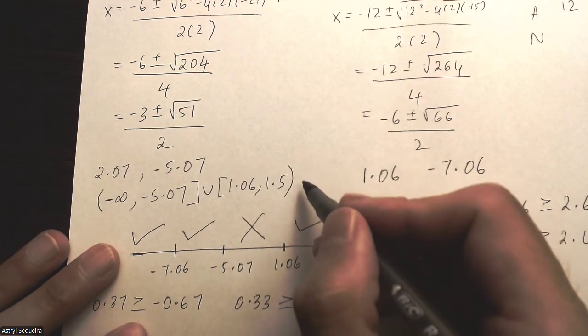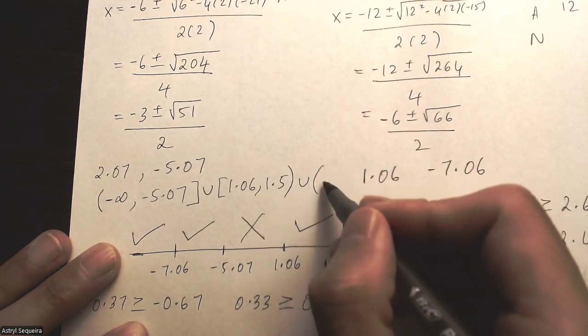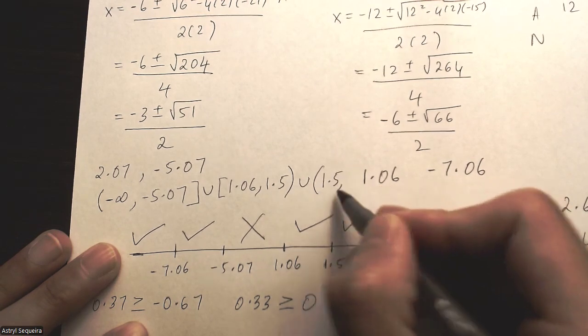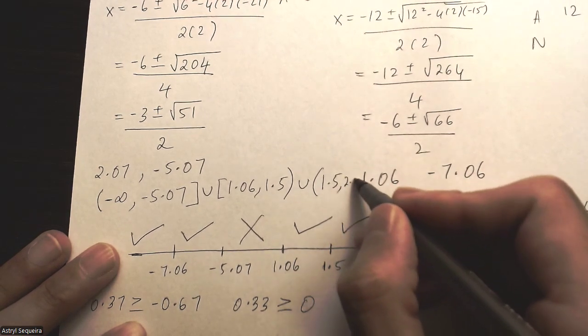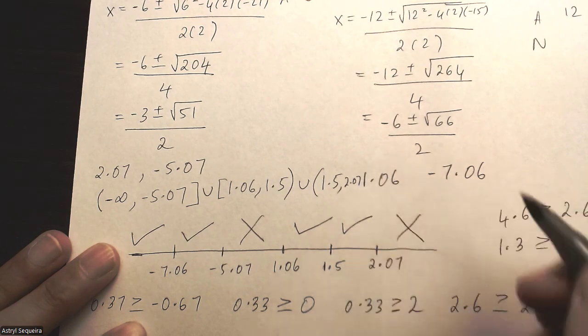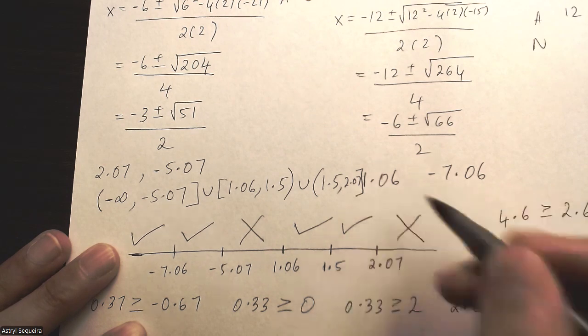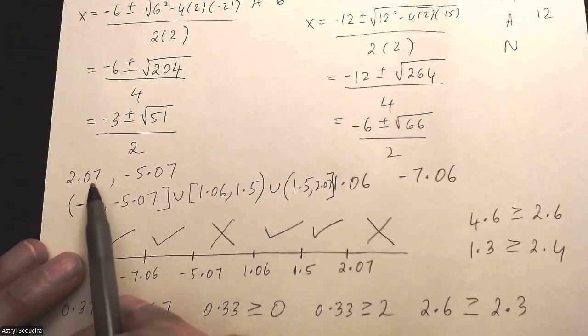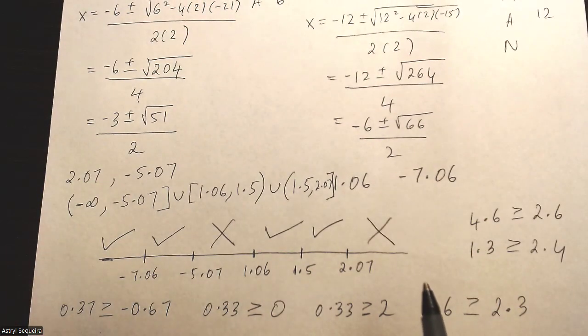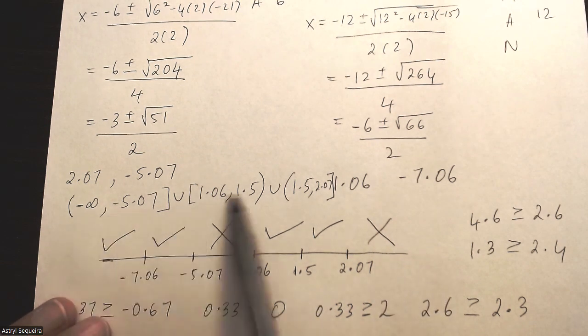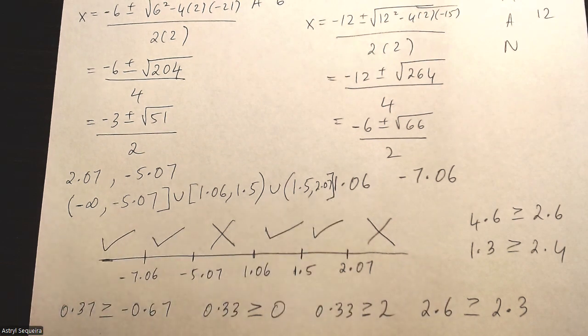And then I have this final range here, which is 1.5 till 2.07. I'll squeeze it in there, and 2.07 is going to have a square bracket because again, that is a solution. It's not a vertical asymptote. So that is my final solution to this question here.